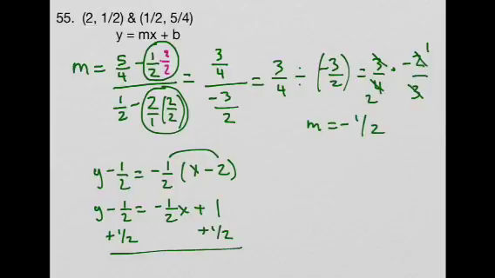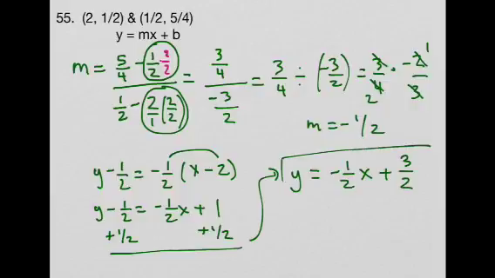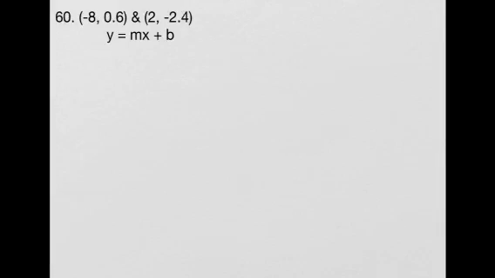Okay, so I'll just work on the next column over here. So I end up with y equals negative 1/2 x plus, now 1.5, we can write it as 3 halves. And here's the answer.